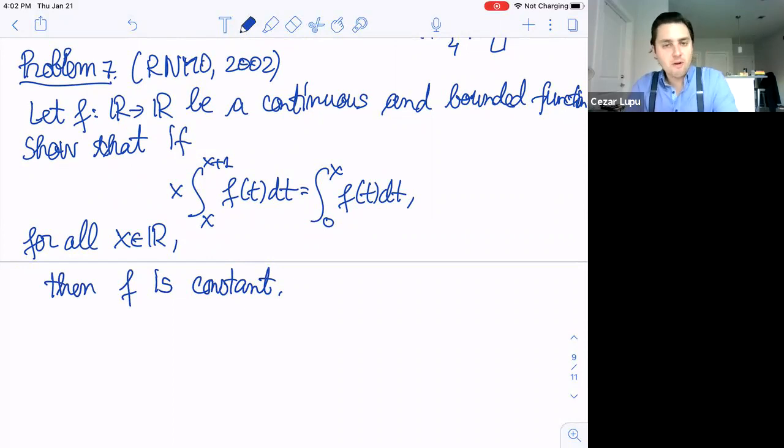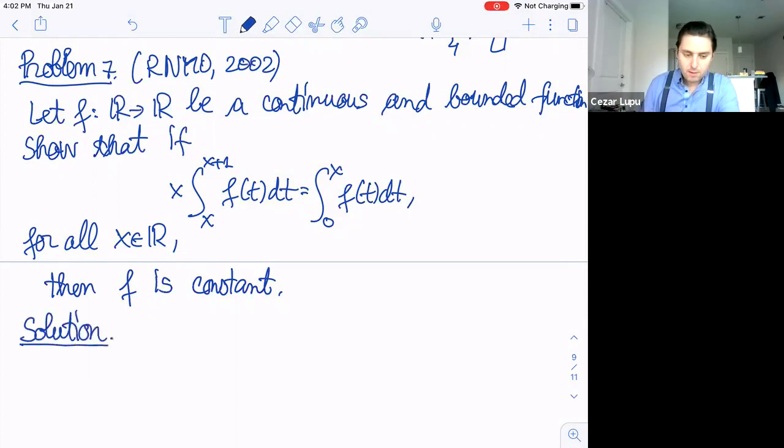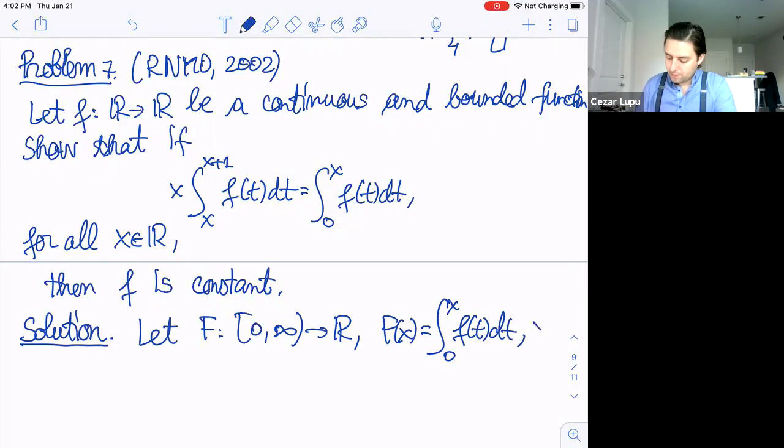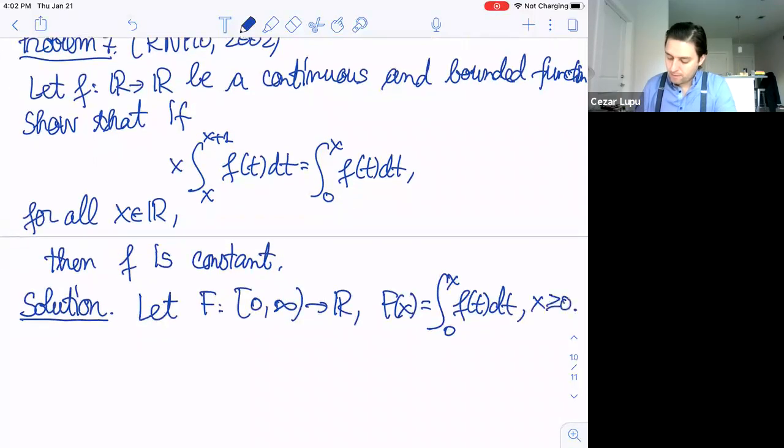Well, as you can see here, we have a functional equation involving integrals, in other words, antiderivatives. So now let's consider F defined on 0 to infinity, real valued, by F of x to be the integral from 0 to x of f of t dt, for x non-negative.